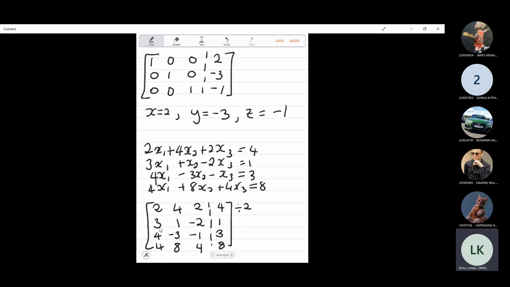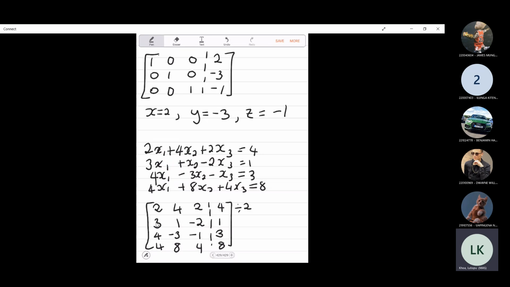Now let's make this one here a 0. If I multiply the first row by 2, then subtract it from that one, I will have 0 here, and the same thing over there.